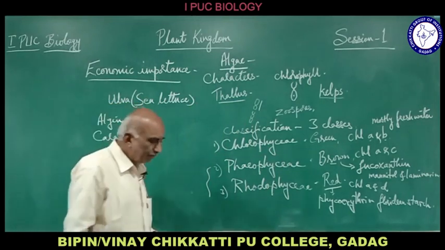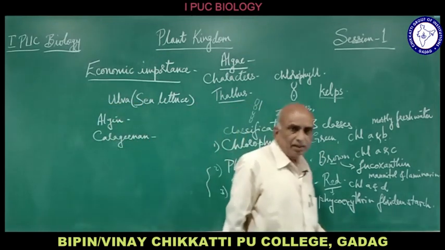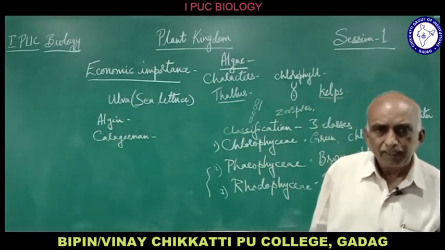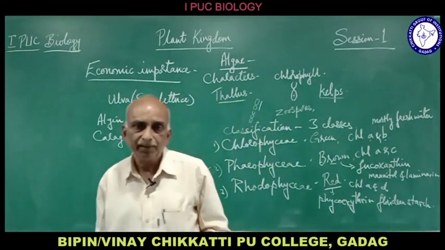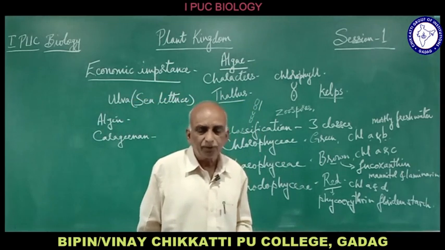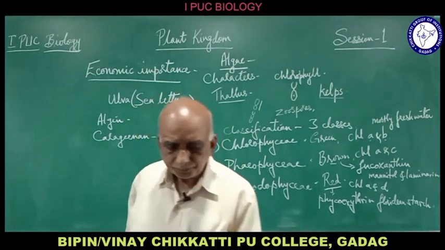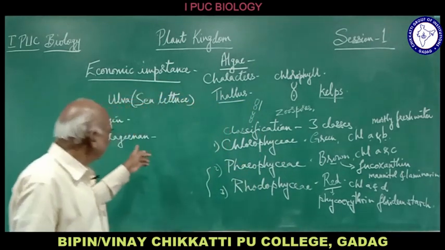In addition to that, algae are also used as an antibiotic. For example, chlorella is one such kind of algae from which we can get an antibiotic.